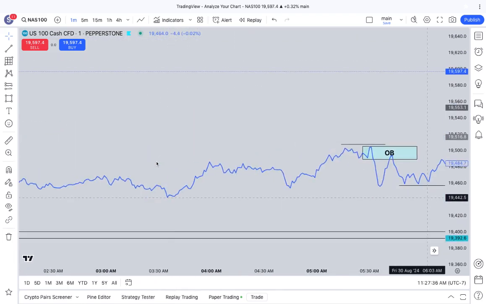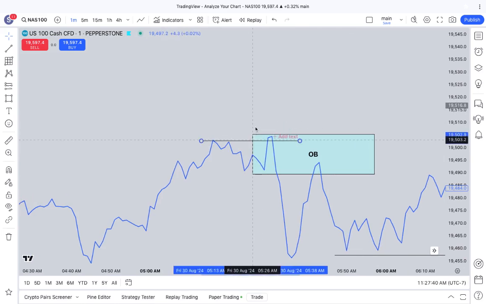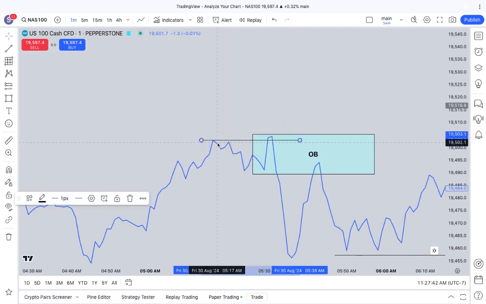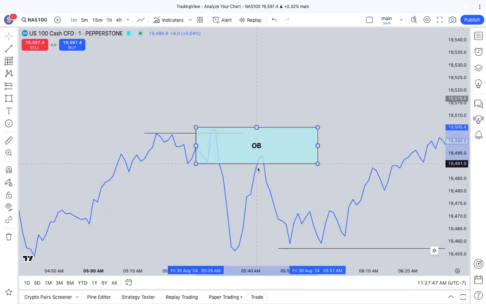Let me go a little closer. So right here, we have the sweep of these highs, and then we mark this low right there, and then mark the high.